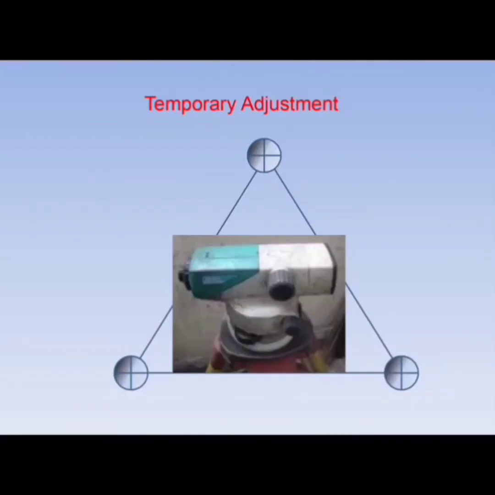Then we turn the instrument parallel to the third foot screw and adjust. Afterwards, we bring it back to the same position and check the center of the bubble. If it is okay, we turn the instrument through 180 degrees. If it is okay in that direction, we can carry forward.